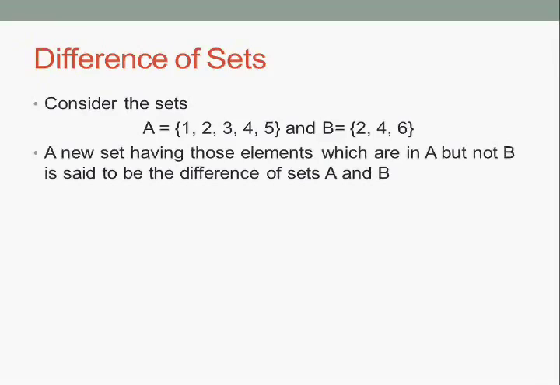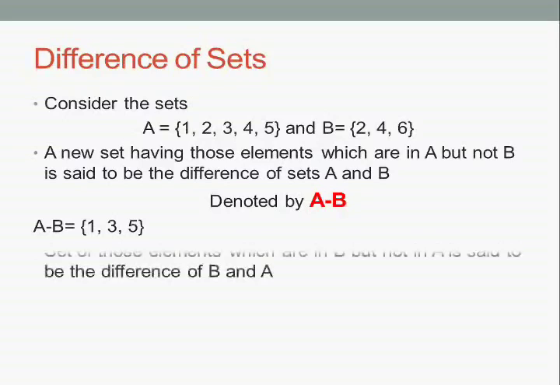A new set having those elements which are in A but not in B is said to be the difference of sets A and B, denoted by A minus B. Here A minus B equals {1, 3, 5}, that is, deleting the common elements of A and B from set A.